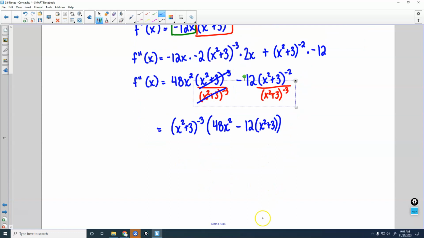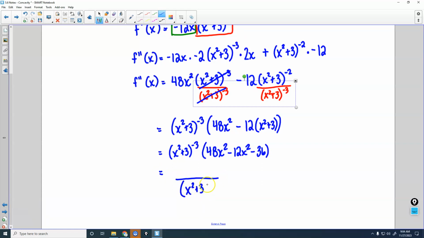And so if we distribute and simplify a little bit here, we're going to get 48 x squared minus 12x squared minus 36. So I'm going to move that x squared plus 3 to the 3rd power back down to the bottom and make that exponent positive, and we'll have 36 x squared minus 36.